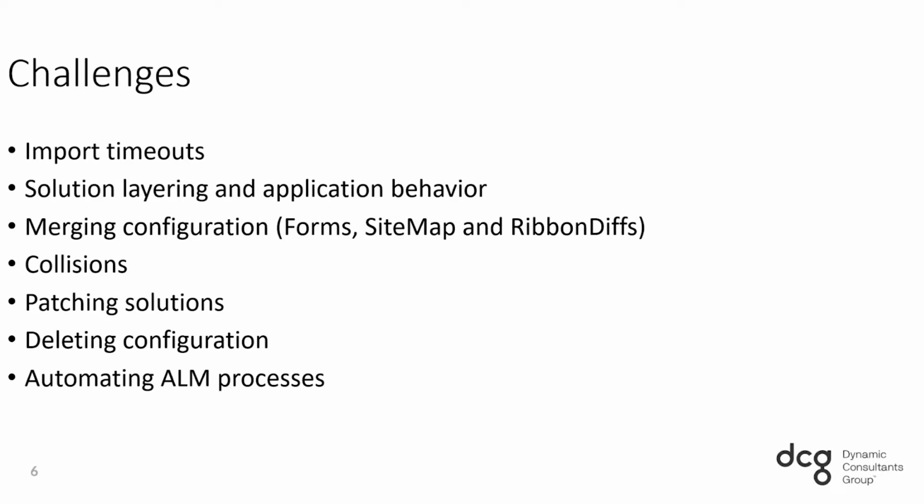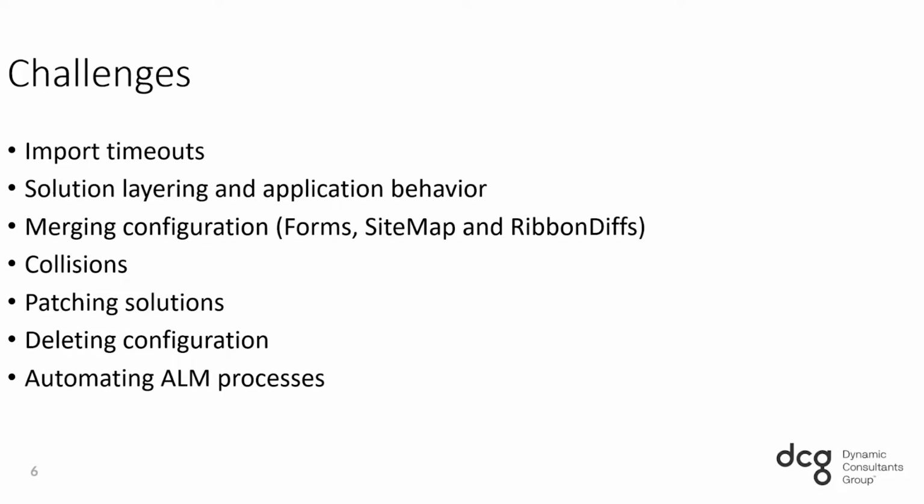The merging configuration, what gets merged and how does the system determine what wins? Collisions is when you have two things that are worked on in two separate solutions. What happens when you have two different fixes going in for the same attribute or same feature, same component?